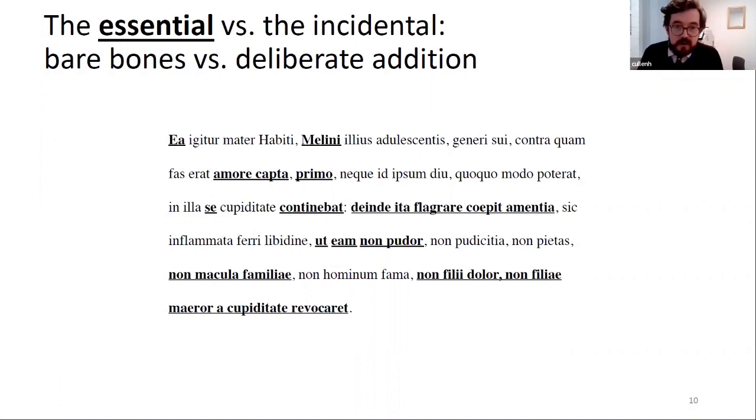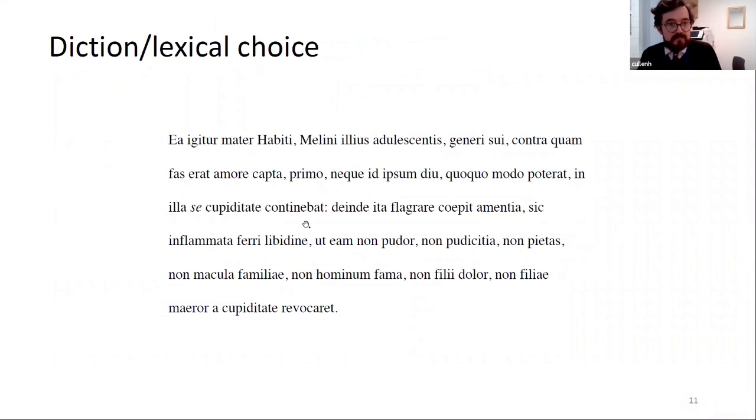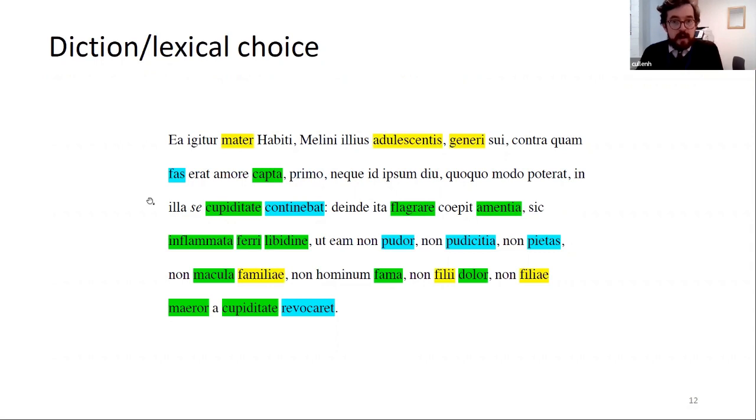And the same thing goes on later on. And then suddenly you've got the interesting question of, why has he chosen to include it? A second filter is to look just at word order, diction and word choice. In this paragraph, it's very rich. Yellow words are to do with family or family relations.